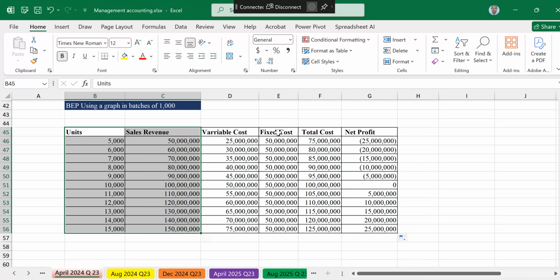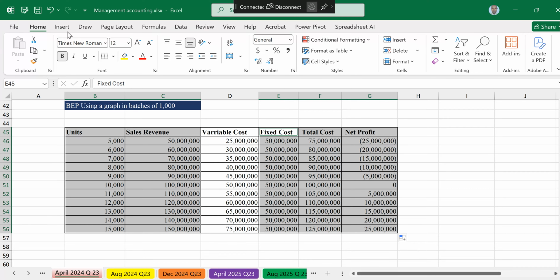Now as you click, don't leave. Once you hold down the control key and start selecting other things, don't leave the mouse button. Just click and hold, and select. If I leave, then it will not give me a chart that way.